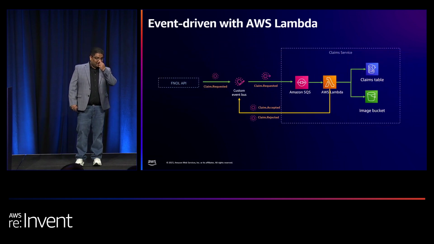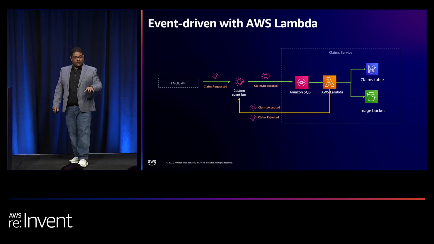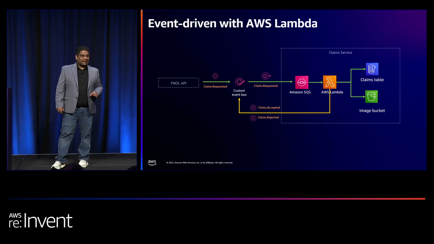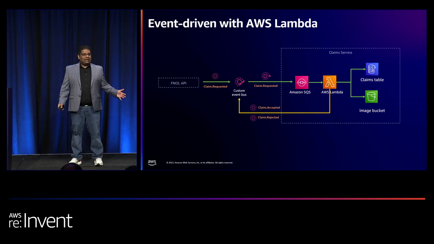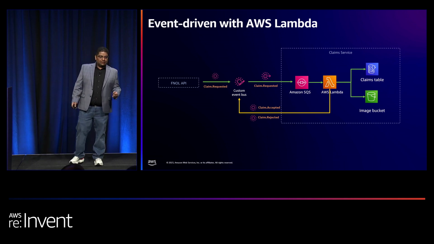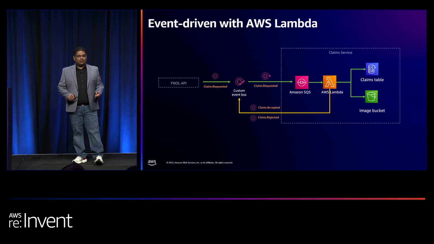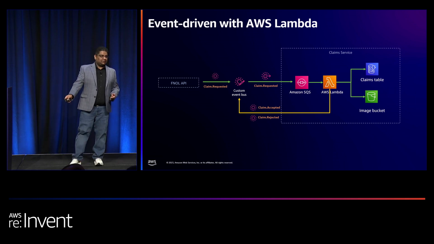Now, if you want to dive deep into one of those domains where we use a Lambda function as a consumer, that's the choice of compute I chose for the claim service. So when the FNOL API submitted a claim requested event to the event broker, the claim requested event actually got sent to an Amazon SQS. That's the target for EventBridge.